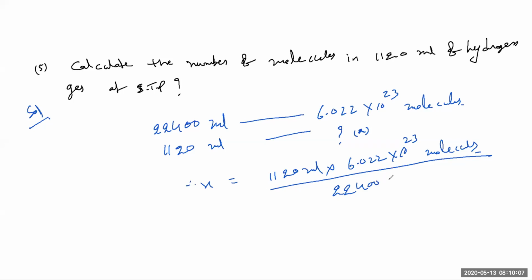22,400 ml. ml cancel. It is how much? 0 cancel, right? Up to here 2 times and 0 is there as it is. That means 1 by 20 into Avogadro number. So 1 by 20 into Avogadro number, what will come? The value is, so calculating, that is 0.3011 into 10 power 23.